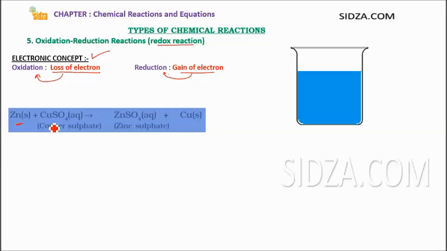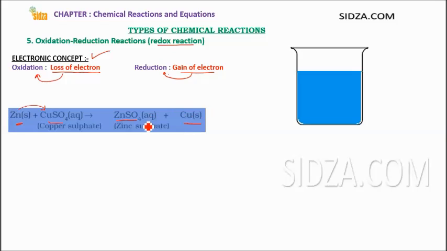If you react zinc metal, a zinc rod, with a copper sulfate solution, we get zinc sulfate and a precipitate of copper. The zinc displaces the copper and forms zinc sulfate, and copper is precipitated out. This is a displacement reaction, but it is also a redox reaction.